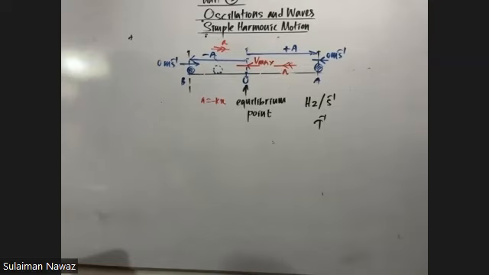The unit of time period: seconds. Dimensions of time period: capital T.